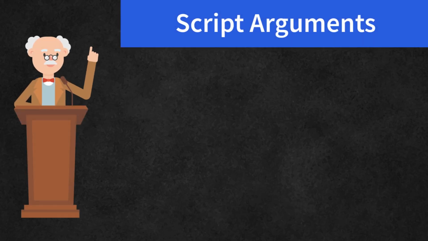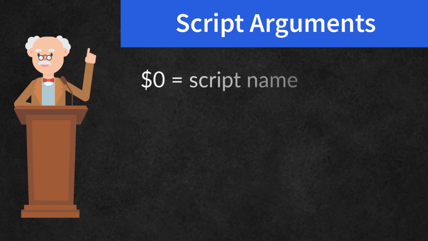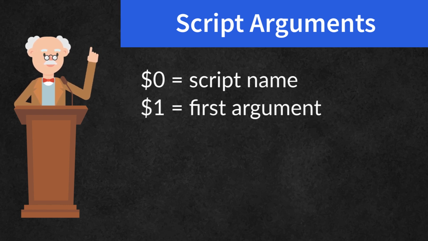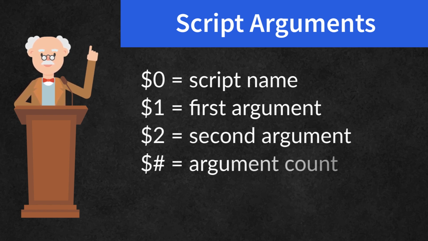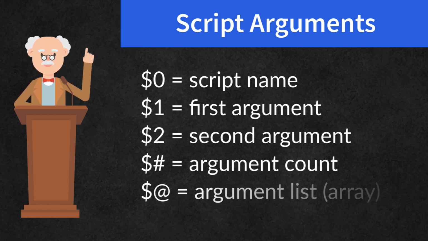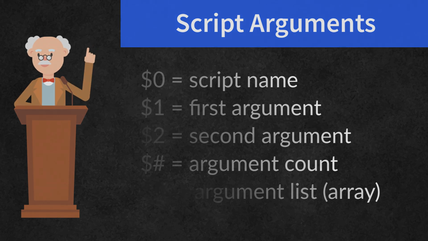You can see now that you can make your scripts dynamic by using script arguments. $0 would represent the name of the script. $1 would be the first argument supplied to the script. $2 the second argument, and so forth. $# would be the number of arguments supplied, and $@ is a list of all of the arguments.